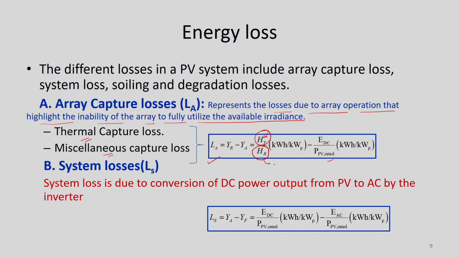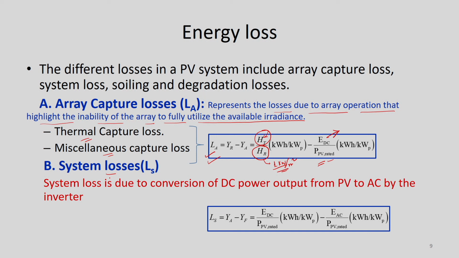The reference is normally 1 kilowatt per meter square, and this is the energy delivered by the PV module, and this is the rated one. So, if we know this expression, then from that we can calculate the array capture losses.